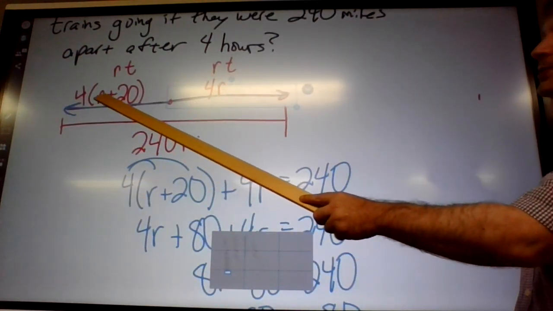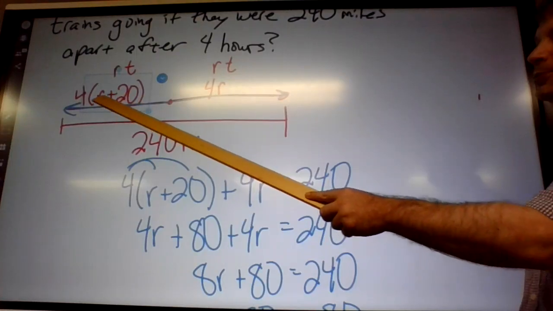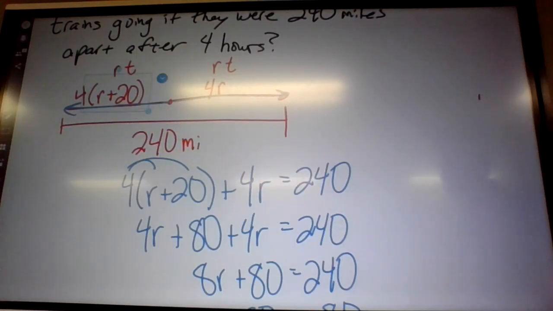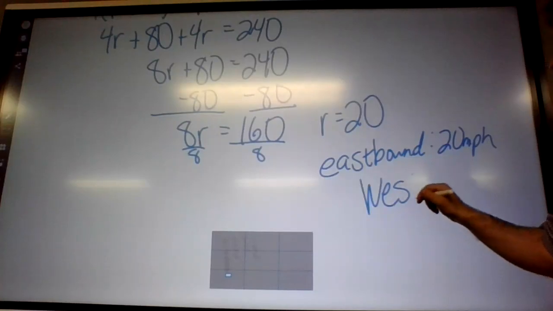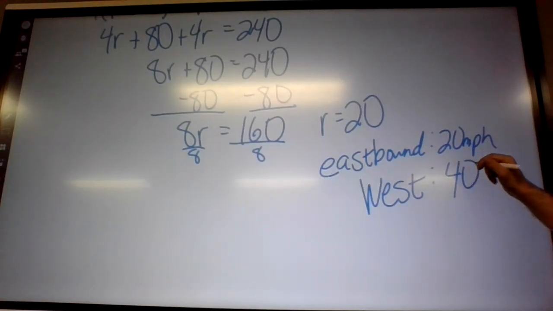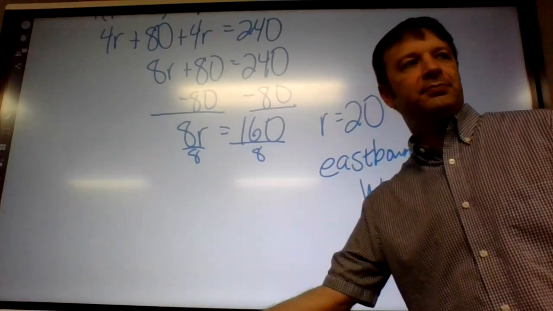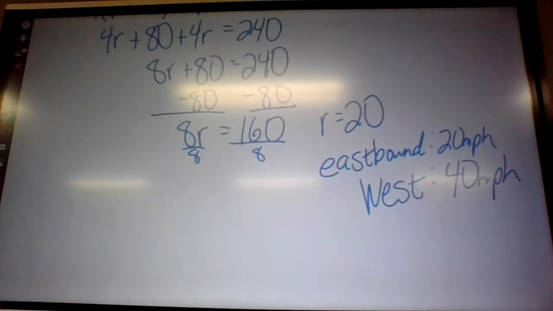Yeah, this guy is the faster one. He's R plus 20, so 20 plus 20 is 40. So the west train is going 40 miles per hour. See, that's not impossible, right? The westbound train speed is R plus 20, remember? So his speed is 20 plus 20.